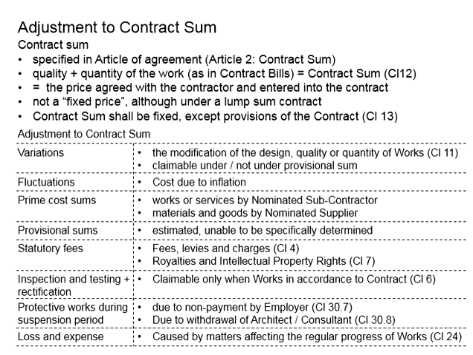There is no contractual relationship between the employer and the NSC, and also the nominated supplier. The contractual relationship will be between the contractors and the nominated subcontractor, and also between the contractors and the nominated supplier.